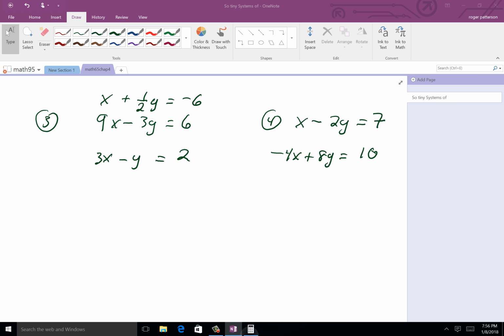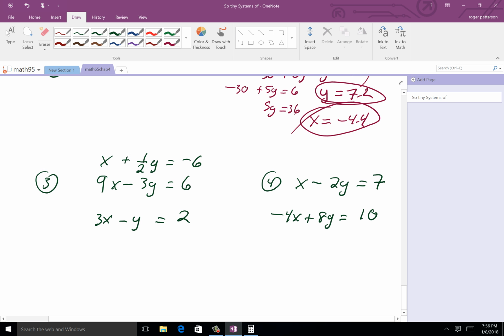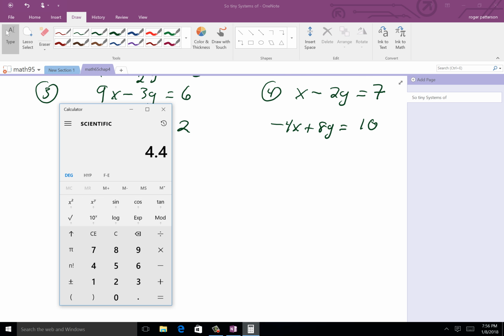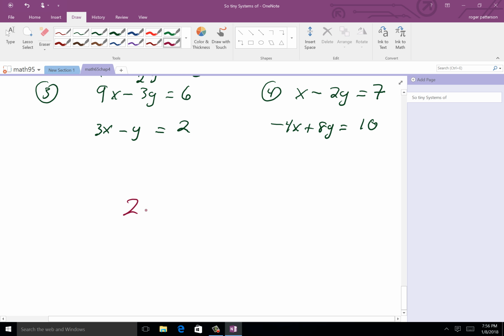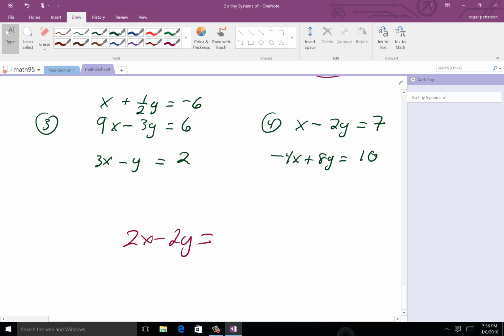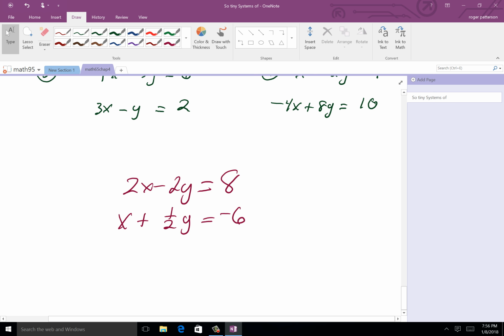Let's see it because I messed it up. So it was 2x minus 2y equals 8, and x plus 1/2 y equals negative 6. Okay, what are we solving for there? It's pretty obvious. We're not going to solve for any of those other ones, right? So let's see. X equals negative 6 minus 1/2 y.